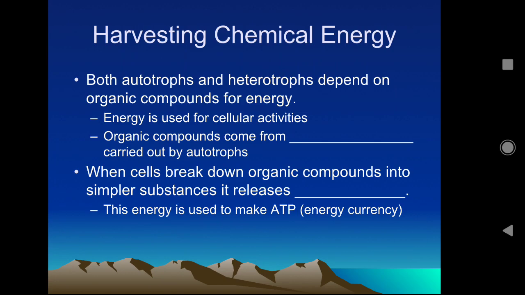The organic compounds, things like carbohydrates, lipids, and proteins that are made by plants, can be converted and then transformed into usable energy. So the organic compounds are coming from photosynthesis. In the case of photoautotrophs, they use that process to make the organic compounds. And when cells break down organic compounds into simpler substances, it releases energy, or what we call ATP, adenosine triphosphate.